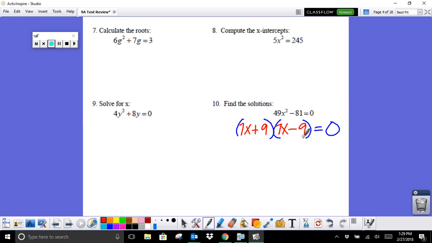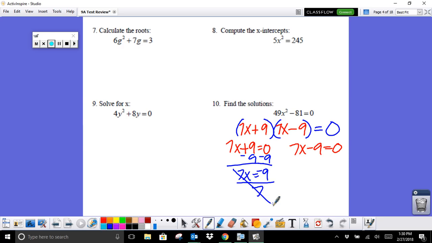That's 9. So here are my two factors, 7x plus 9, 7x minus 9. If I take both of those and set them equal to 0, what you will end up seeing is we get those same two answers. We get negative 9 over 7, and we get positive 9 over 7.